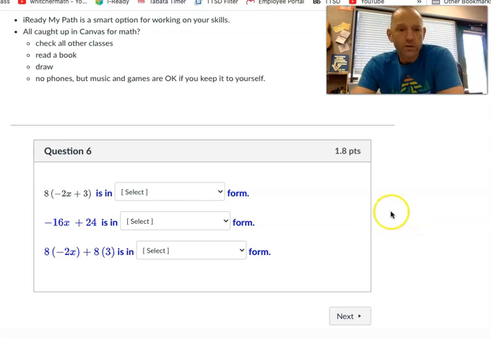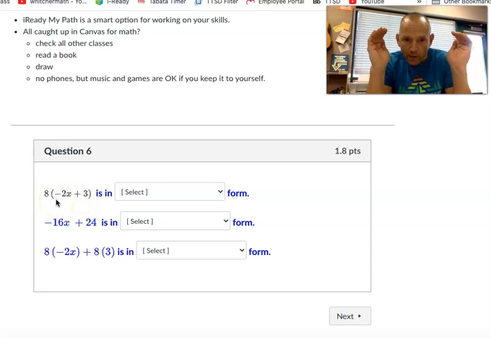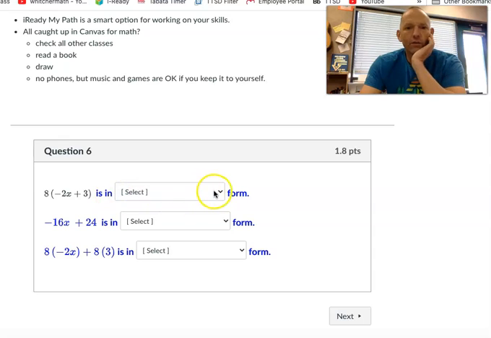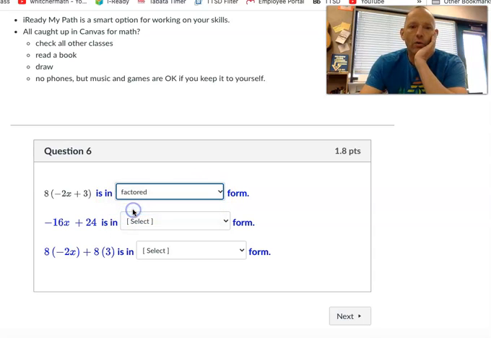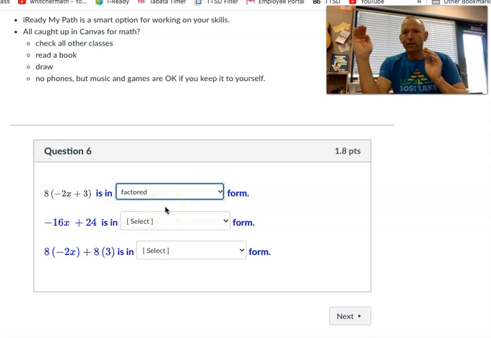Let's go. Question 6. 8 times 2x minus 3 is in factored form. That's when we have a single factor out to the left. It's weird doing this video because this is my right, but I think on your screen this is the left.